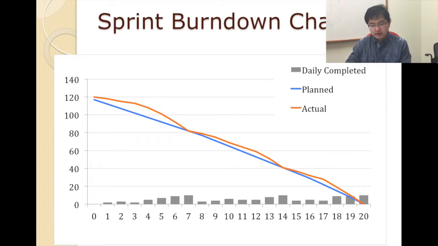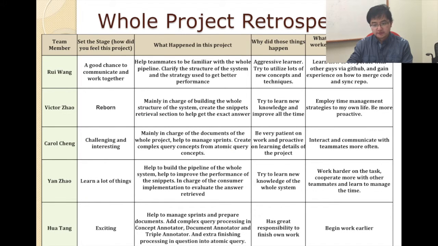At the beginning of every sprint, we are not very familiar with our own tasks, so we start our work very slowly, and at the end of every sprint, we work harder to meet the deadline of our sprint. So we work very hard. As we can see, there are 3 sprints, and we work hard at the end of every sprint and fulfill our system design.